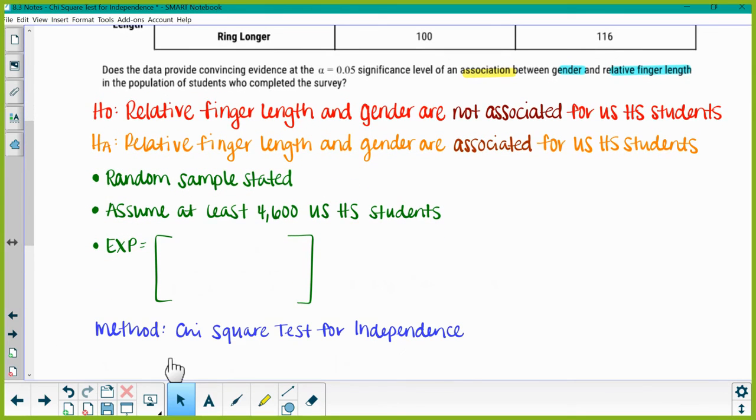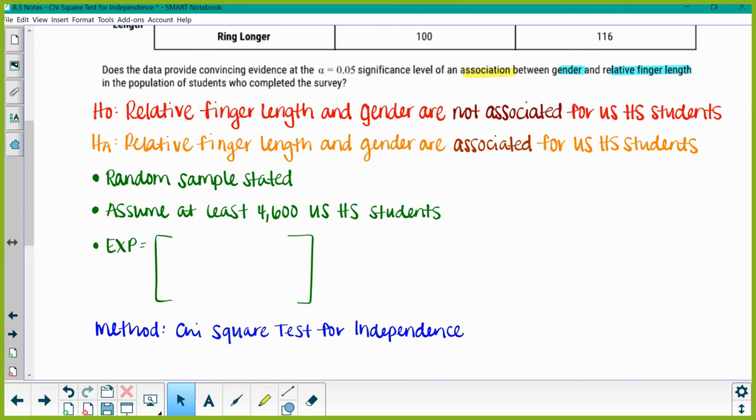Going to name my test, chi-square test for independence. And this is where we will generally move to the calculator just so that I can get those chi-squared, p, degree of freedom, and my expected values from the calculator without having to do all of the algebra myself.